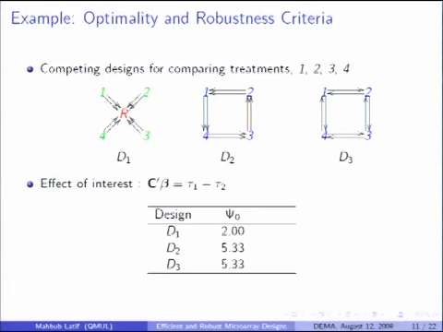By using the optimality criterion, I can get the E optimality value 2 for D1, 5.33 for D2, and 5.33 for D3. So I can say D2 and D3 are more optimum compared to D1 for estimating the effect C transpose beta, in this case comparing treatment 1 and 2.